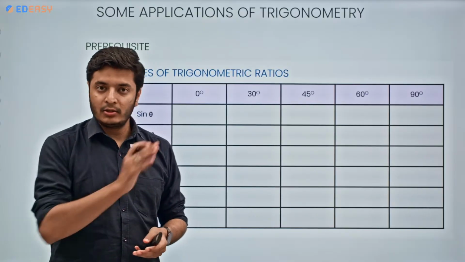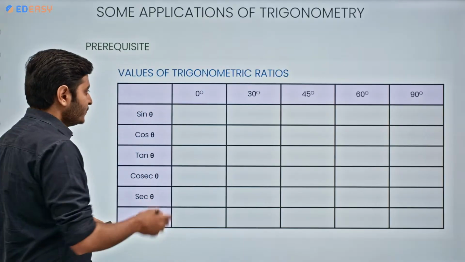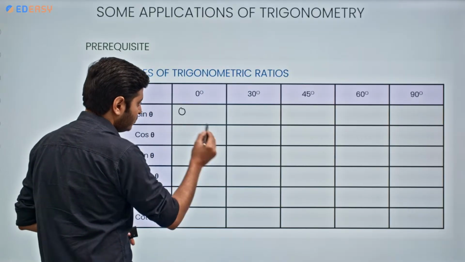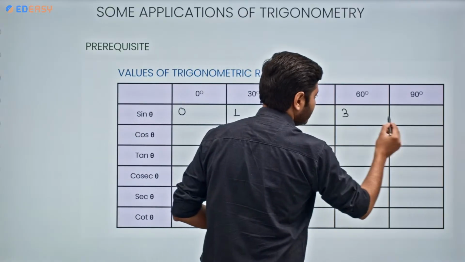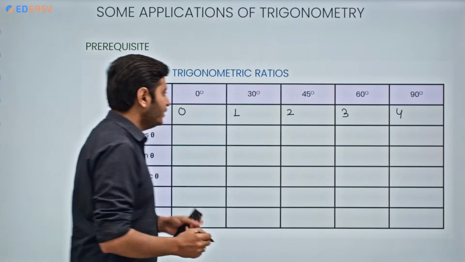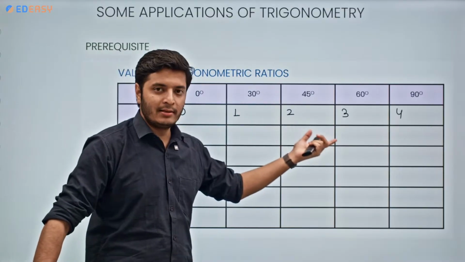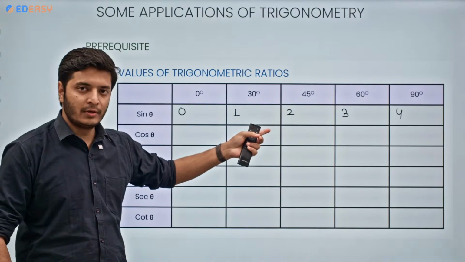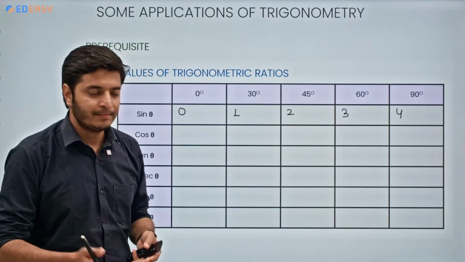There is a trick to fill up this table. What is the trick? First thing, you are gonna write 0, 1, 2, 3 and 4 in front of sine theta. In each cell, you are gonna write these values. Okay, 0, 1, 2, 3, 4. Simple counting, whole numbers.